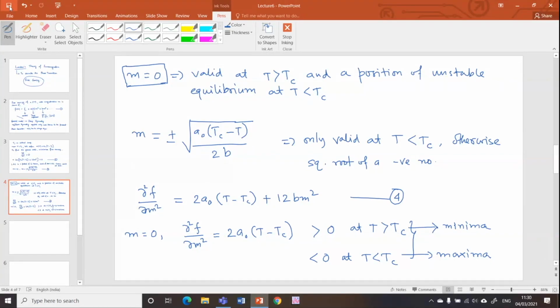So for m equal to 0 at temperatures above critical temperature, it is a position of minima, which means it could be a stable solution. But below Tc, it is a position of maxima, so it is an unstable solution.